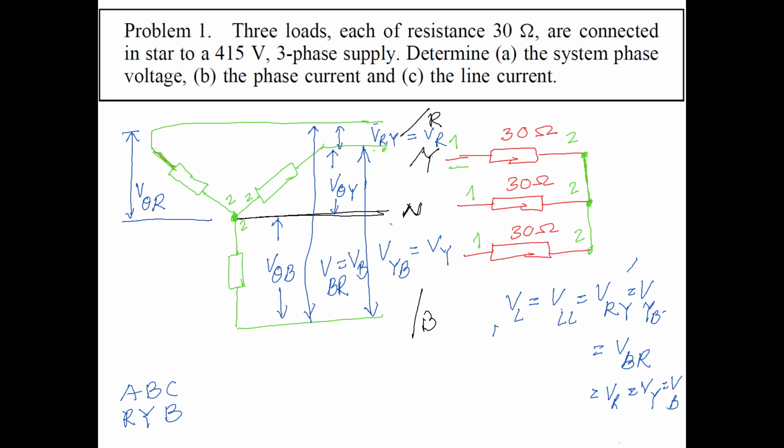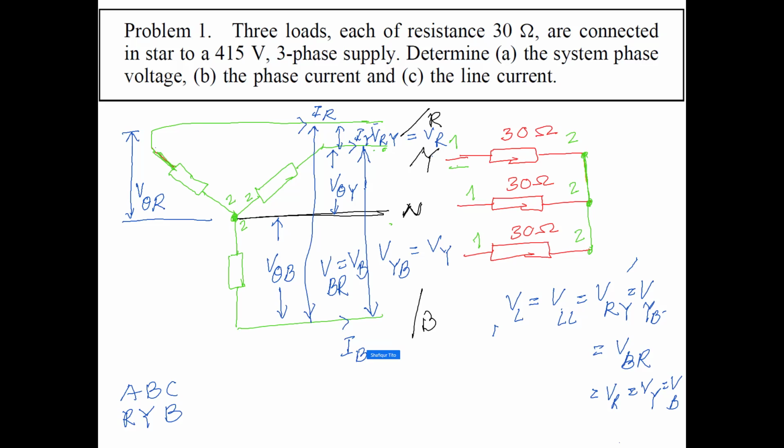So this one is the line current. This current belongs to line R, so that's why it will be IR. Similarly, this one, I can just write down, this is IY. And the third one is IB.